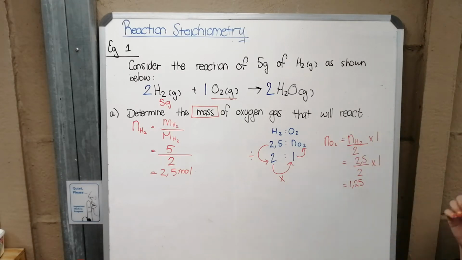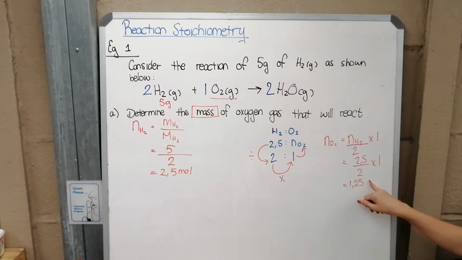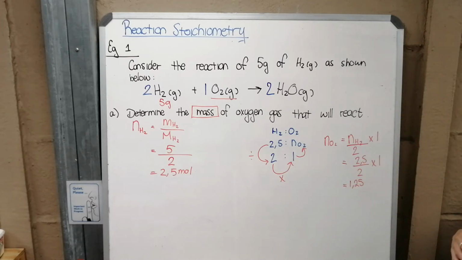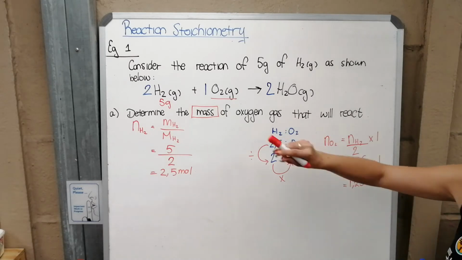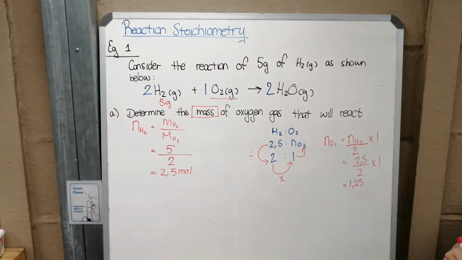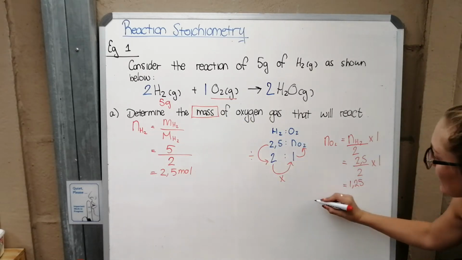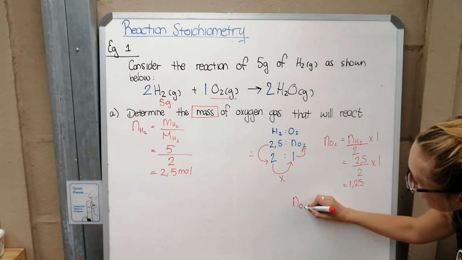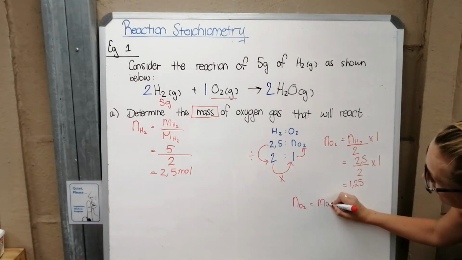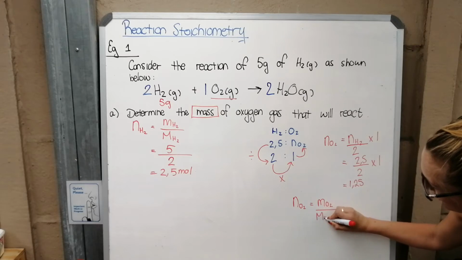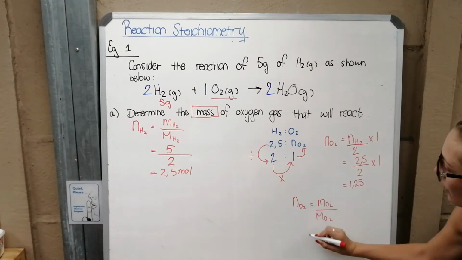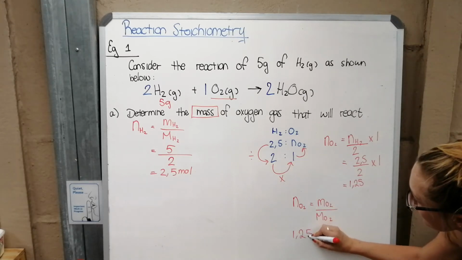So that's step 3 done, and then the last step is to take the moles of what you want and convert that into what they want. They didn't ask for moles of oxygen gas, they asked for mass of oxygen gas. So now we have to go and do one more little sum. The moles of oxygen gas will equal the mass of oxygen gas over its molar mass. We know the moles is 1,25.